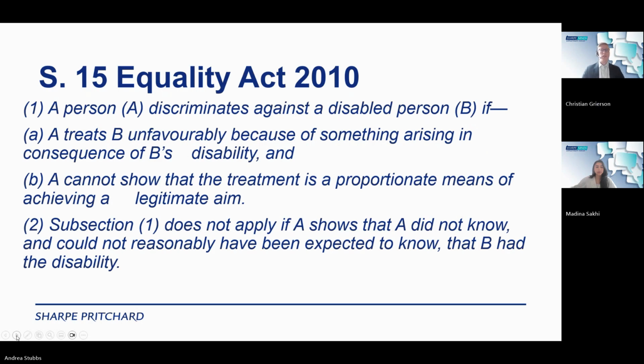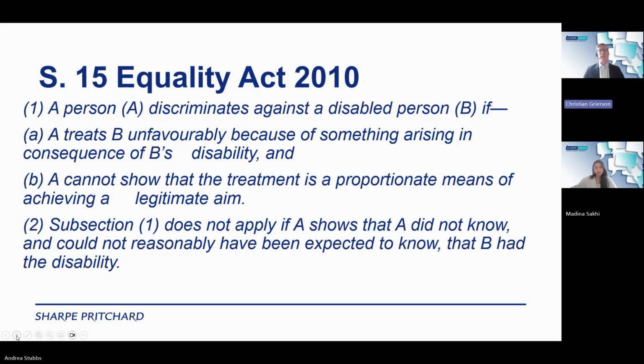So firstly, we'll be looking at the discrimination arising from a disability. This is sometimes referred to simply as a Section 15 claim, and to be honest, it is almost forgotten about by quite a lot of claimants. This is because it's less clear cut.